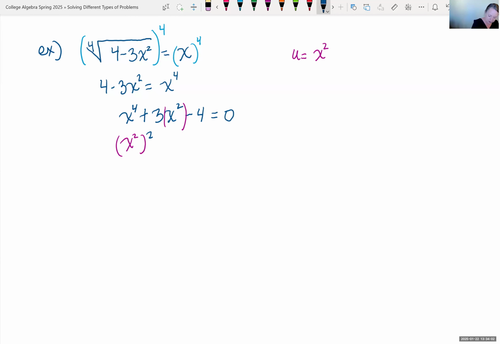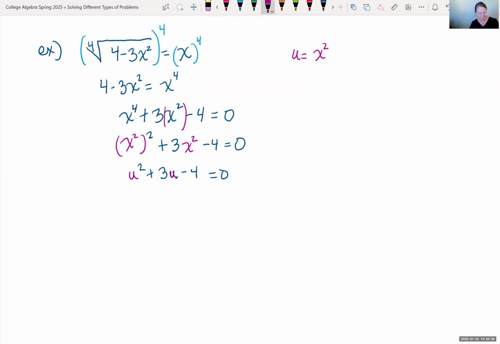So that would give me that first term plus 3x squared minus 4 equals 0. Rewriting this, wherever we see an x squared, replacing it with u, we have u squared plus 3u minus 4 equals 0.